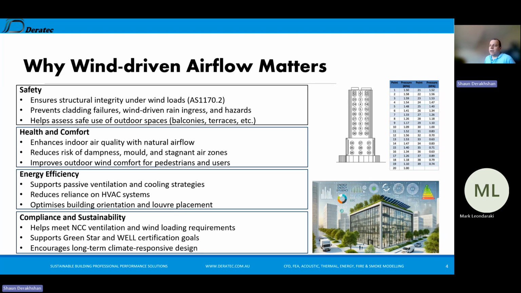This is the reason climate data is very important in our design, and it can change from one zone to another zone. This is the reason it's important for every project, every building, to consider airflow analysis, doesn't matter wind tunnel or CFD, based on different location, building shapes, and a lot of factors.